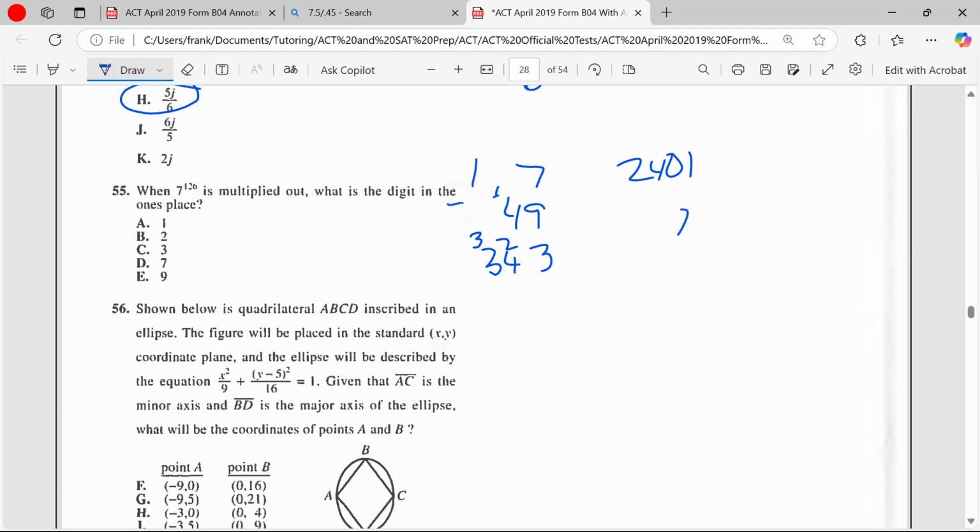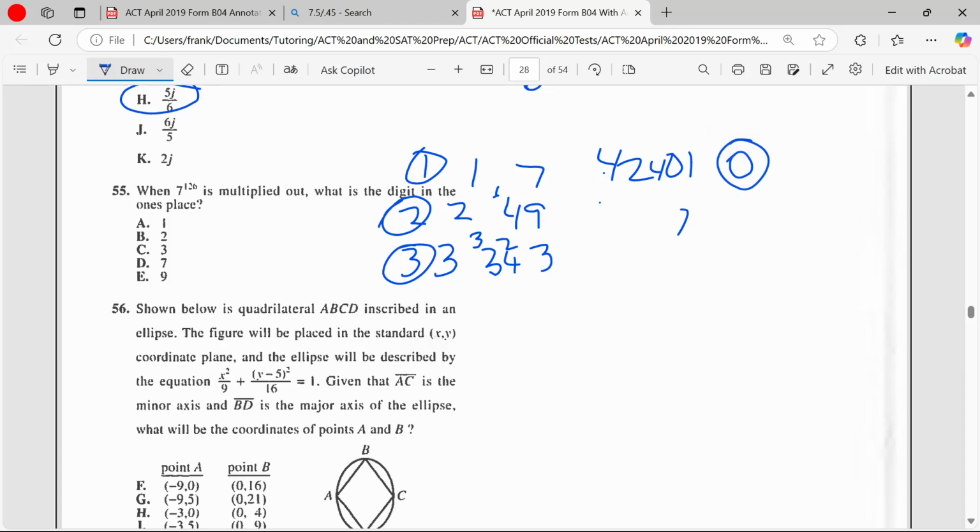So there's 1, 2, 3, 4 places, and then it will repeat again. And so I would divide by 4. 4 divided by 4 is 1, remainder 0. This would be remainder 1, remainder 2, remainder 3. This would be remainder 0.